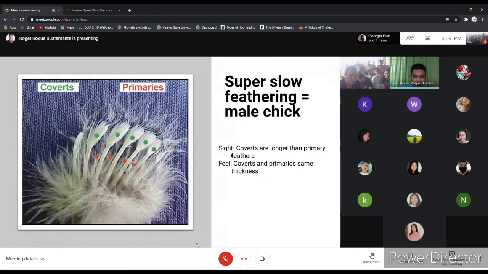In your view, the coverts are taller compared to the primary feathers. You have to determine which are the primary feathers and which are the coverts. If you feel them, the thickness of the coverts and primaries are just the same.